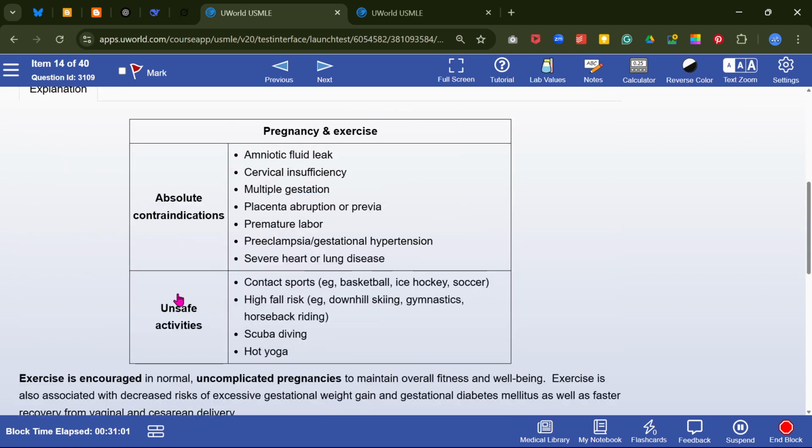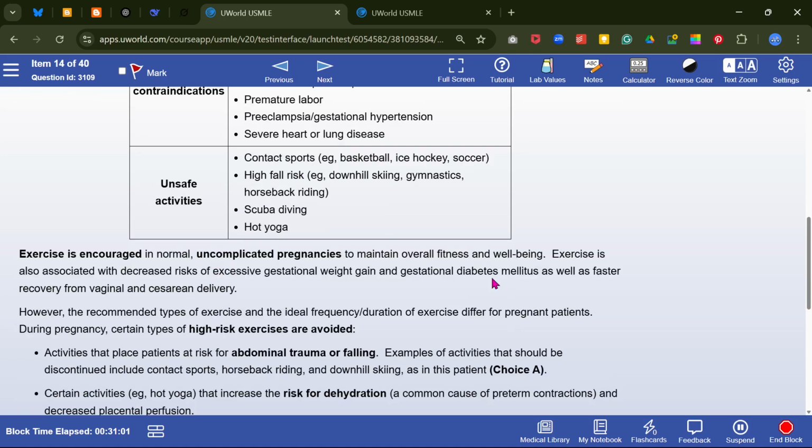Okay. Exercise is encouraged in normal, uncomplicated pregnancy to maintain overall fitness and well-being.